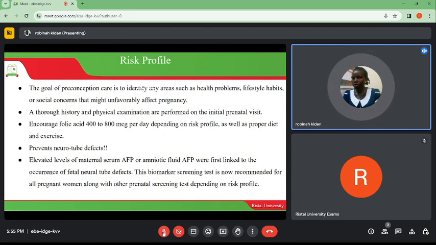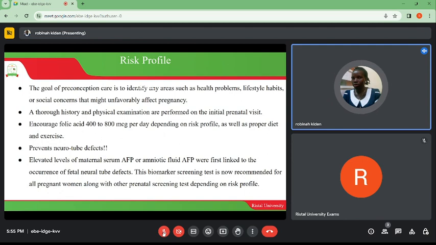And elevated levels of maternal serum AFP or amniotic fluid AFP were first linked to the occurrence of fetal neural tube defects. So in case of the detection of AFP in the amniotic fluid or in the maternal serum, a question to answer is, why?